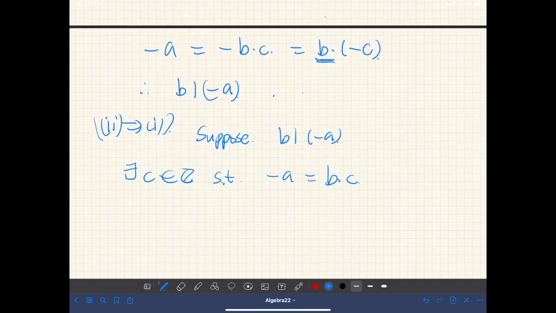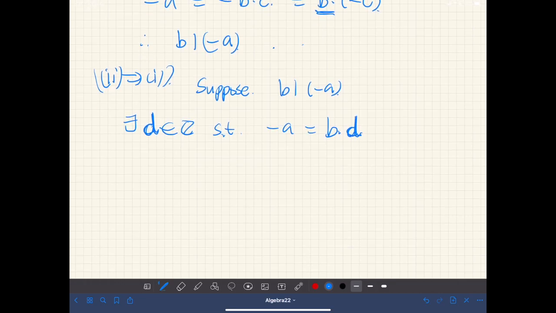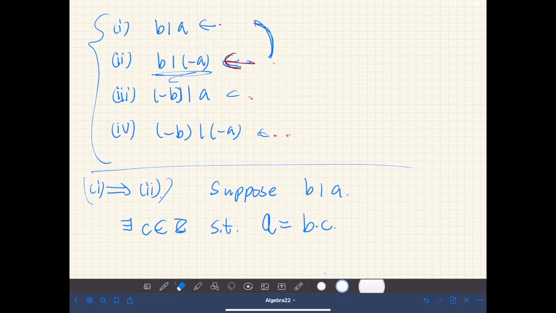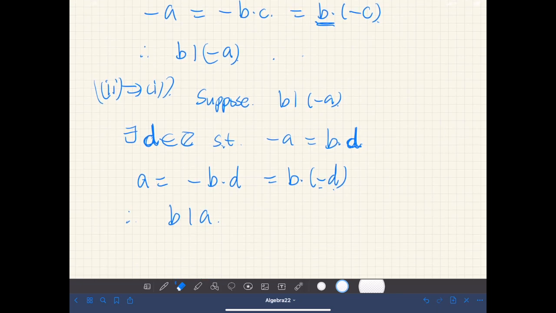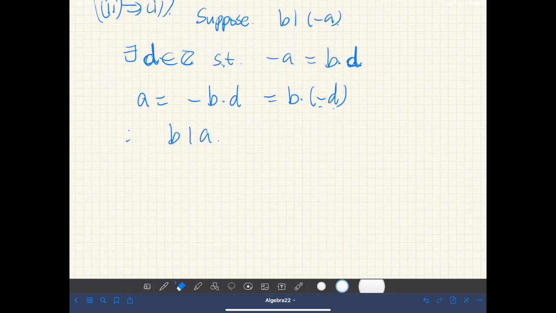Maybe we should use some other symbol just to avoid confusion. So instead of c, let's use d here. Then multiply both sides by negative 1. We have a equals negative b times d, which is equal to b times negative d. Of course, negative d is an integer. Therefore, b divides a. And we are done. So all other equivalencies can be proved similarly. And you should try that.